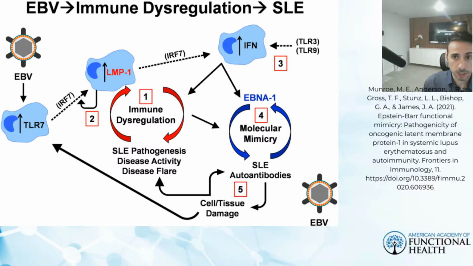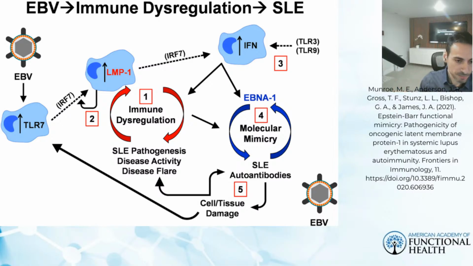And the final step, number five on the bottom: these newly released autoantigens activate toll-like receptor 7, which further drives both innate and adaptive immune responses, which sustains the autoimmune activity. So essentially what these authors are saying, and you can see the citation on the right side, is that if your patient has an infection such as Epstein-Barr virus, the protein that the viral infection is producing will cause immune dysregulation and molecular mimicry, right?